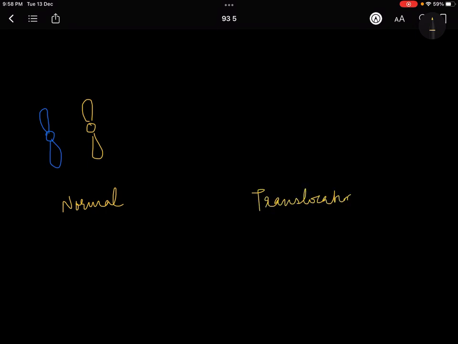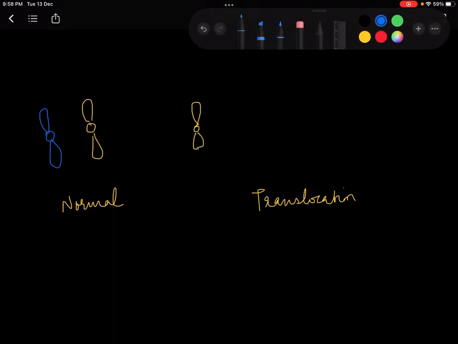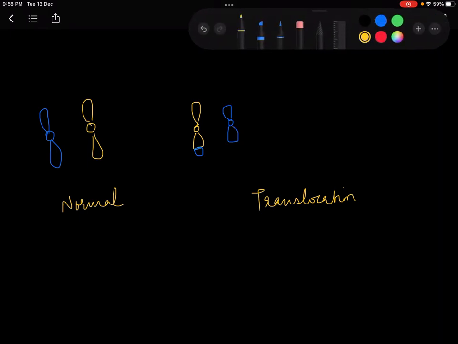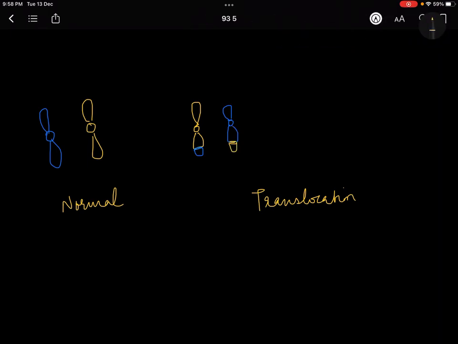Translocation. This is balanced translocation. Otherwise it should have been looking somewhat like this, but now some of the genetic material of blue has gone to yellow, and some of the material of yellow has gone to blue.